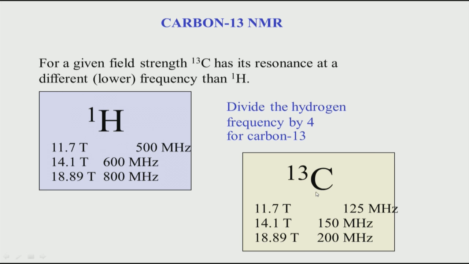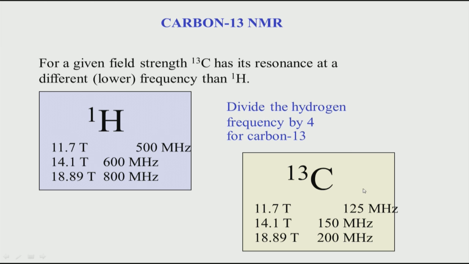This is very important because when you convert the ppm scale to frequency, we have to keep this in mind. For example, let us say there are 2 peaks in proton which are separated by 1 ppm. That will be 500 hertz for proton, because, remember the equation we saw in the last part, you multiply the frequency 500 by the ppm difference, and that is the difference in hertz.